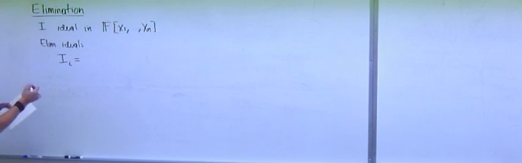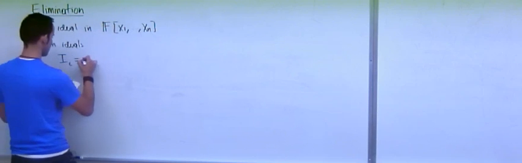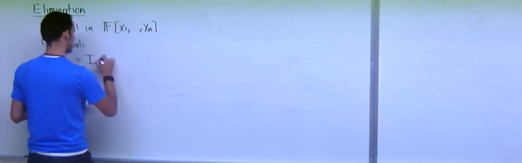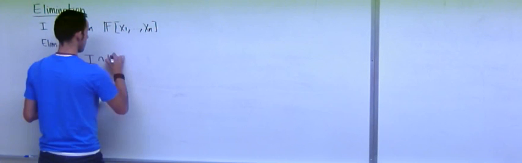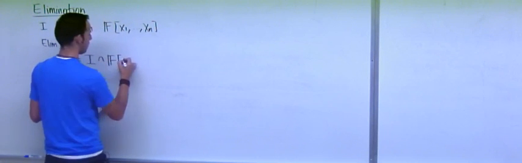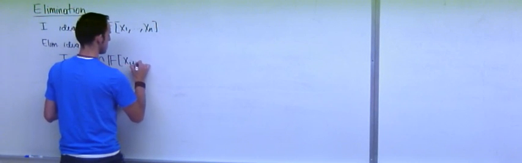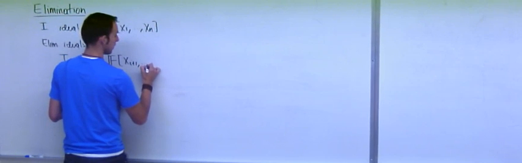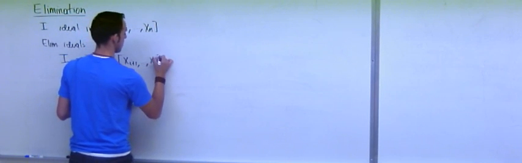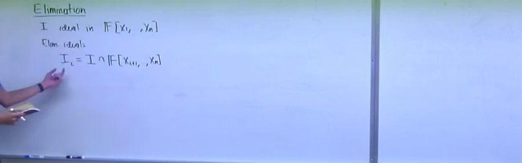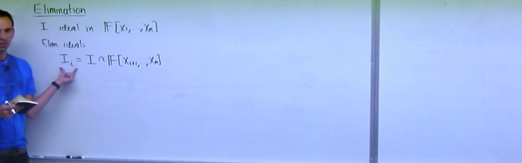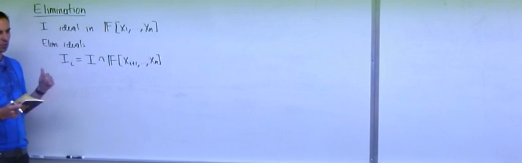These are the following things: the intersection between I and the ring of polynomials in the variables x_{i+1} up to xn. In other words, these are the polynomials in I that don't involve the variables x1 up to xi.